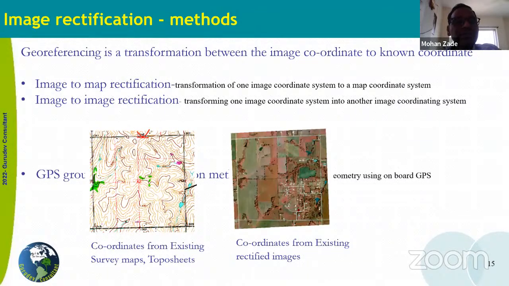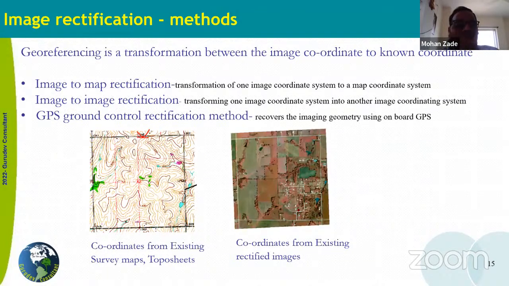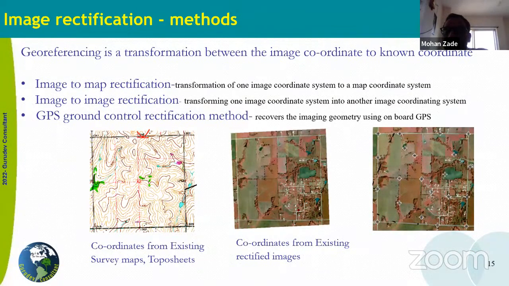Then the third is the GPS ground control point rectification method, where you take the ground control points on the images, and with the help of GPS or DGPS, you go to the field at that point and record the measurements in XYZ. Then you come back to the office and use the recorded measurements at those points to correct your images.